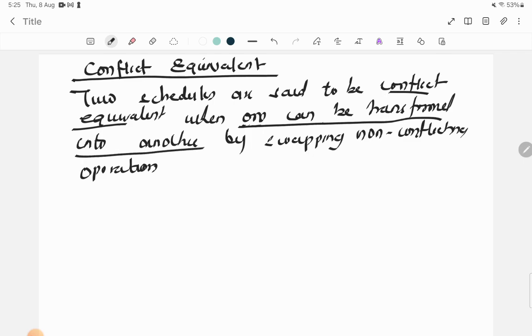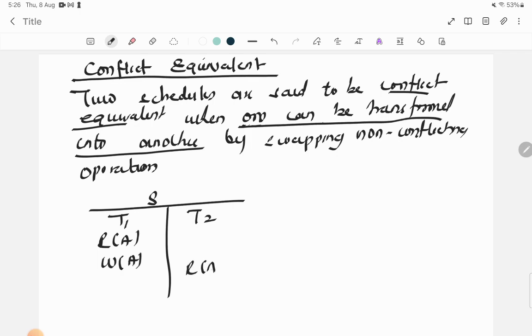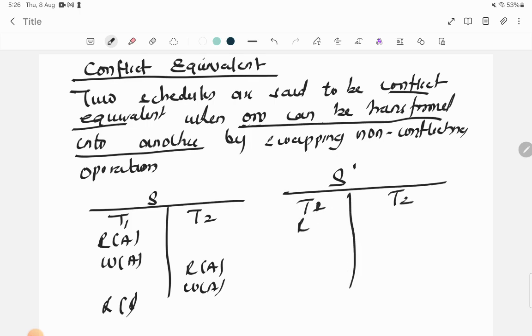It means that we have to make a mirror copy of the other schedule. For example, if there is a schedule having two transactions T1 and T2 with operations RA, WA, RA, WA, and RB, and there is another schedule S dash which also has two transactions T1 and T2 with operations RA, WA, RB, RA, and WA.